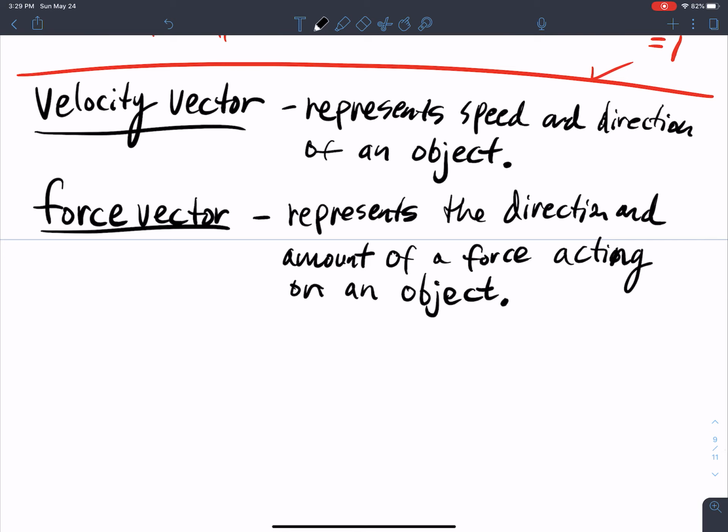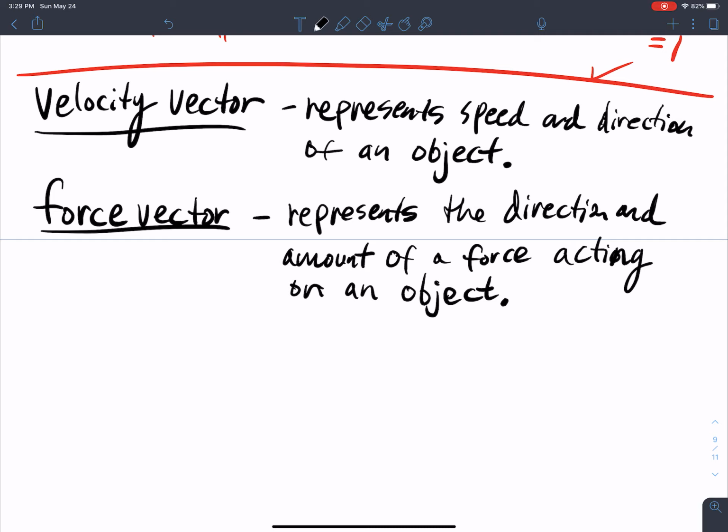In many applications, a vector is described in terms of its magnitude and direction rather than in terms of the components. So for example, a ball thrown with an initial speed of 25 miles per hour at an angle of 30 degrees to the horizontal is a velocity vector. Okay?